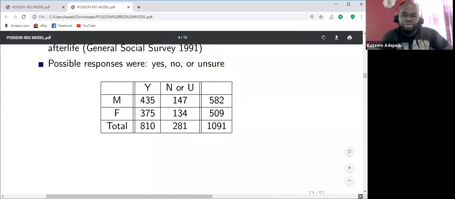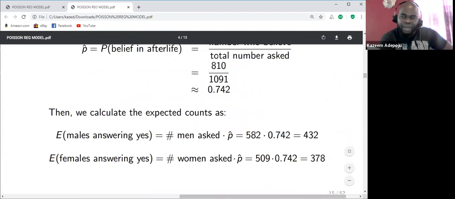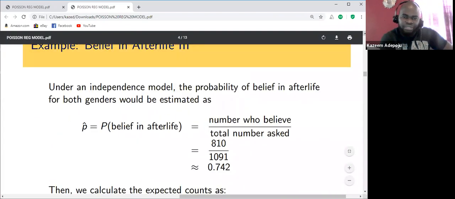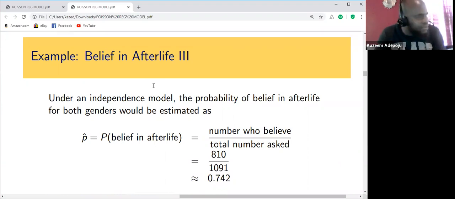Now, based on the data set that we have right now, I want you to take a look at something. We are still under the data set of belief in the afterlife, a general sociology survey that was conducted in 1991. Now, under an independence model, the probability of belief in afterlife for both genders will be estimated as follows.